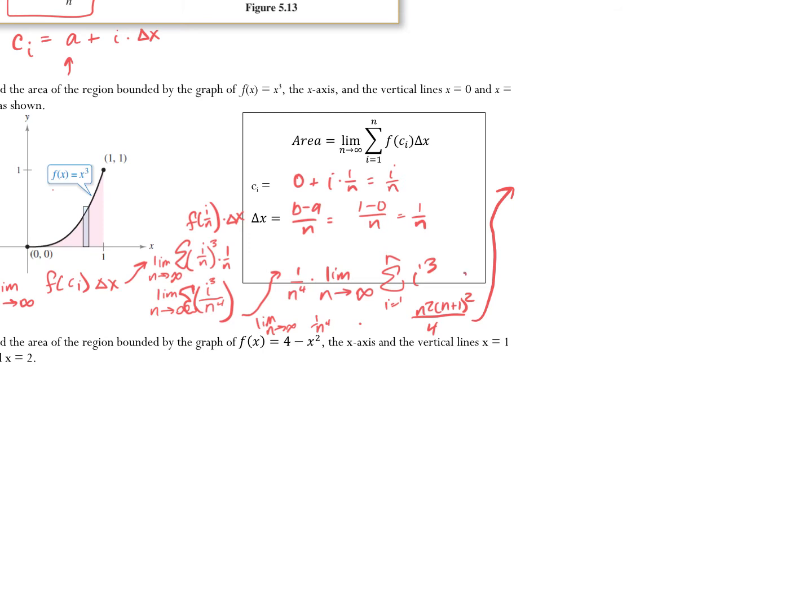If I multiply this top out all the way, this is where I will end up: n to the 4th plus 2n cubed plus n squared over 4n to the 4th. And then we'll be taking the limit as n approaches infinity.